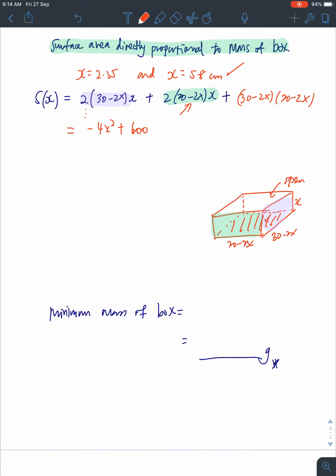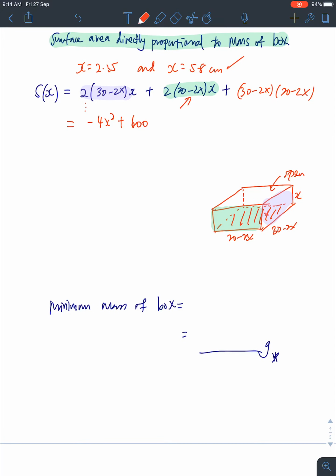So the last two steps that we need to do is to identify what values of x minimize the surface area, which in turn minimizes the mass of the box. So we have to actually compute S of 2.35 and S of 5.8.